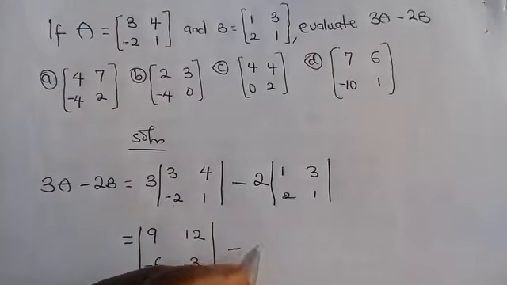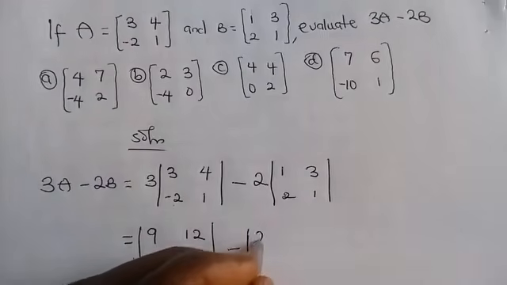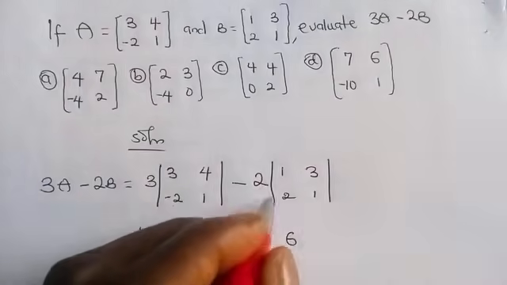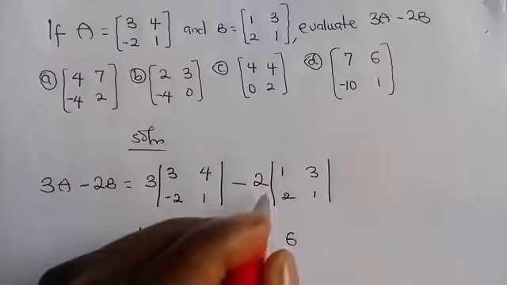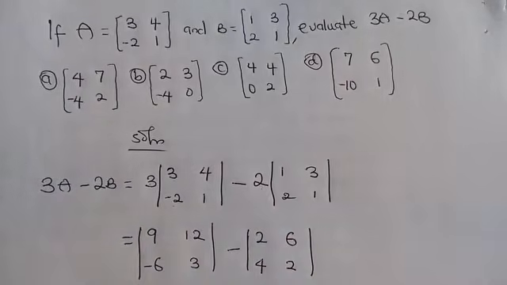Then for the second matrix, 2 times 1, we have 2. 2 times 3, we have 6. 2 times 2, we have 4. 2 times 1, we have 2. At this point, we'll now do subtraction of a matrix.